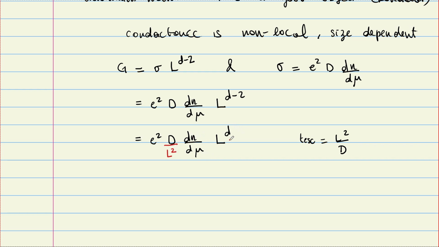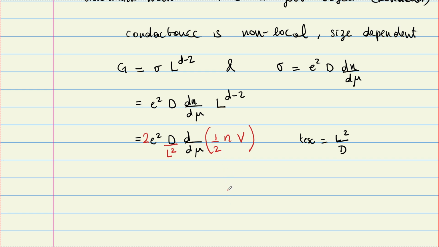Here this n and this L to the D is volume. I want to combine these two, so this L to the D is volume times n, and so this is the total number of electrons at a given energy. Because in the Landauer formula, if you remember, there was a 2 here, I want to include 1 over 2 there, and this is going to be the density of electrons at a given energy per spin.